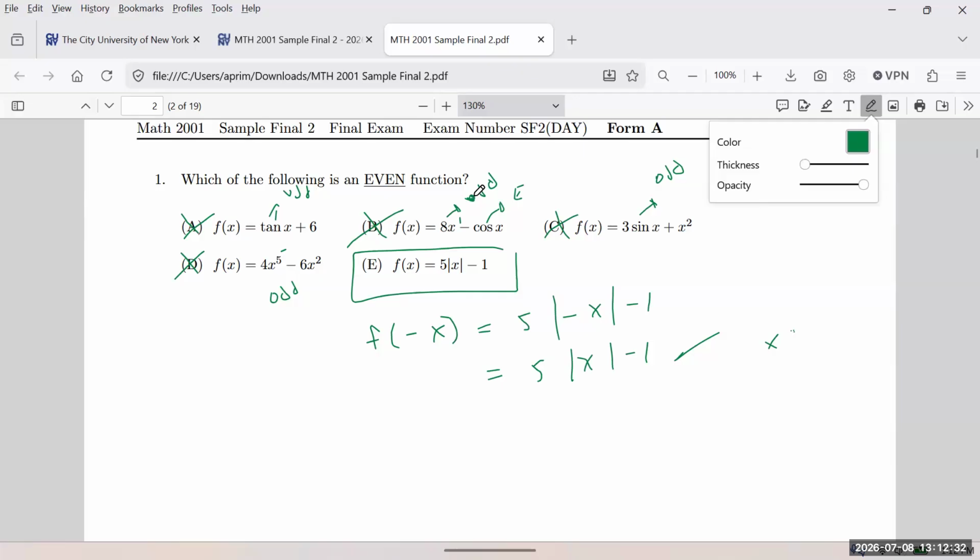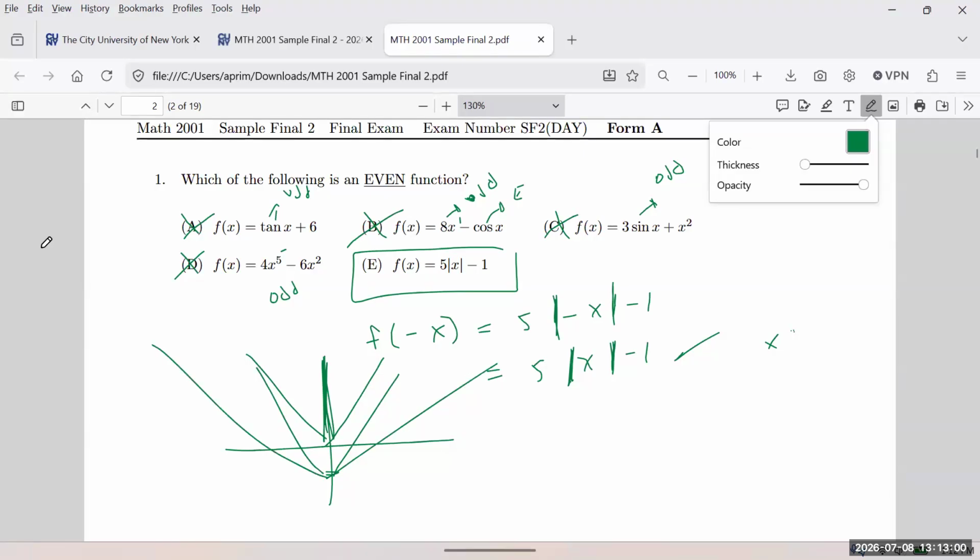No, x is odd, though you're not looking at x, you're looking at the function itself. Which type of function do you have here? Absolute value function. Do you remember the shape of the absolute value function? Is it odd or even? It's even because it's symmetric about the y-axis. So if you shift it 1 unit down, it's still even. If you make it wider, it's still even. If you make it narrower, it's still even.